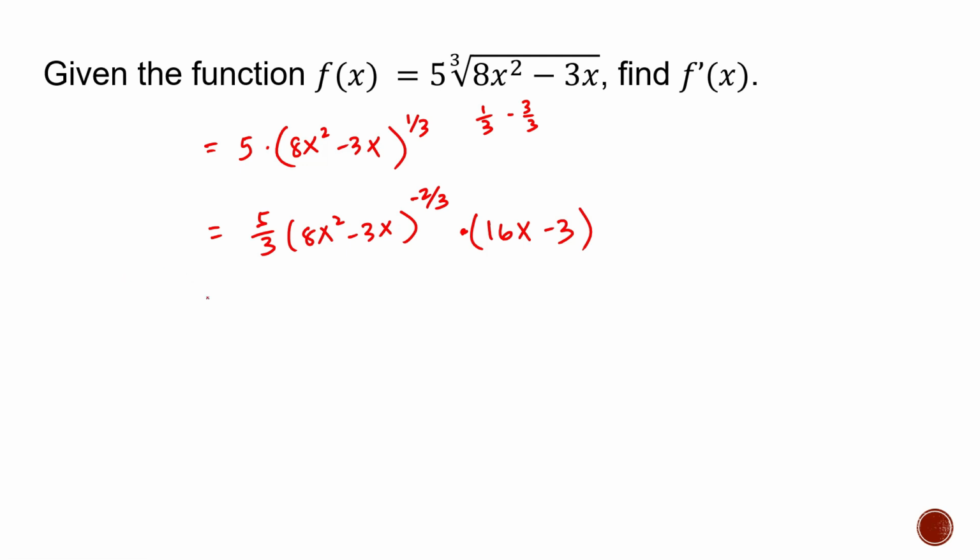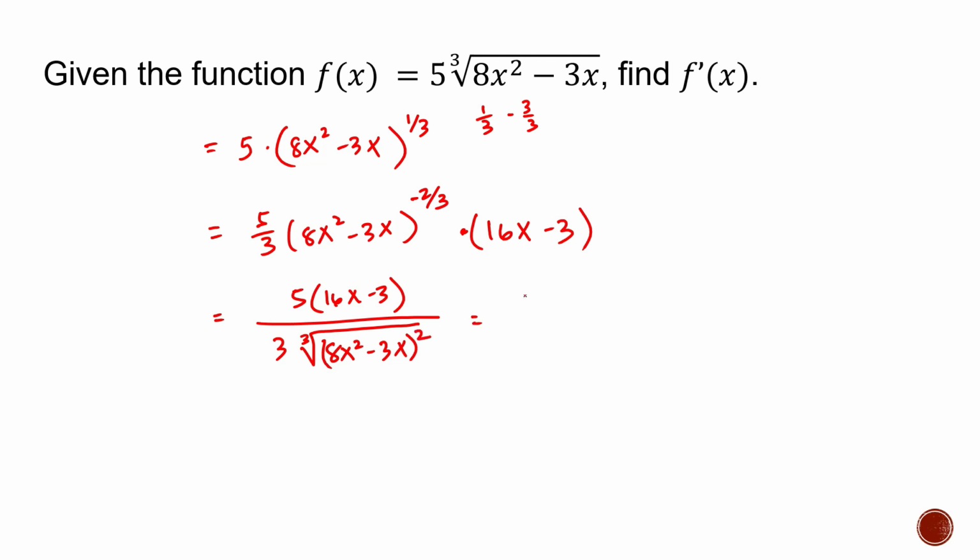So now we have 5 times (16x minus 3) all over 3 times the cube root of (8x squared minus 3x) squared.